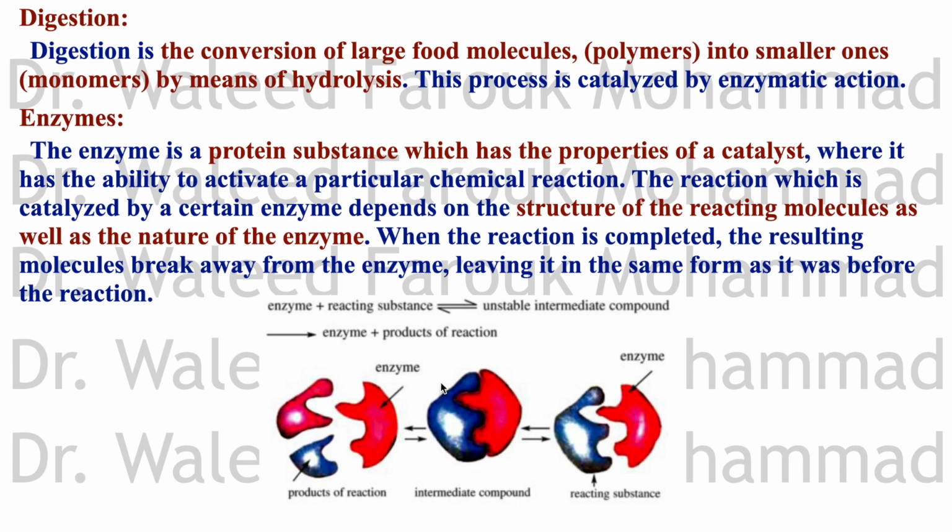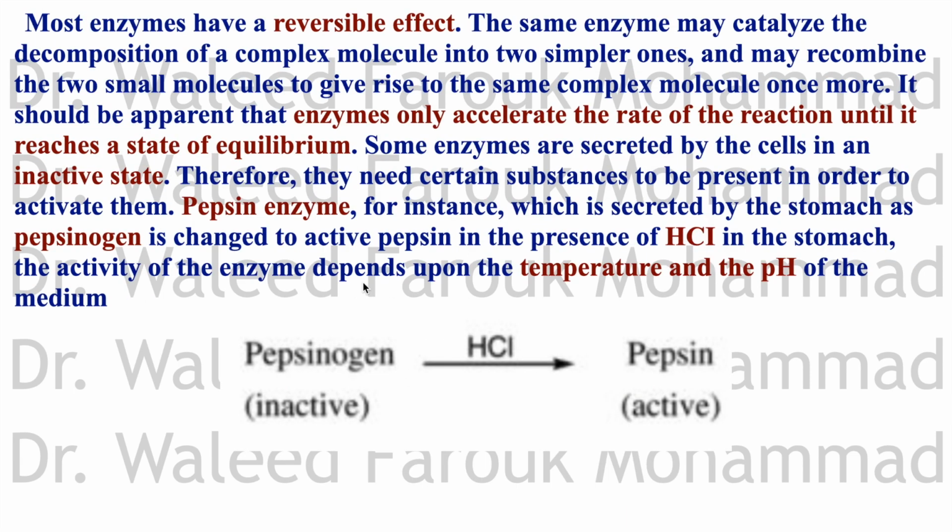This is simply the action of enzymes, and remember, the enzyme can catalyze both ways. They have a reversible effect, as I told you before, and enzymes only accelerate the rate of reaction until it reaches a state of equilibrium.